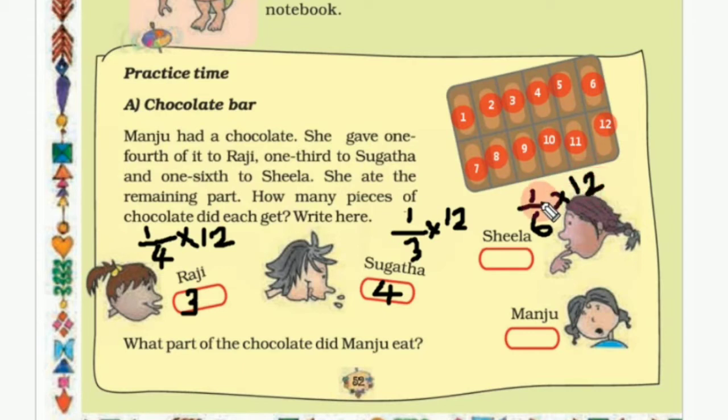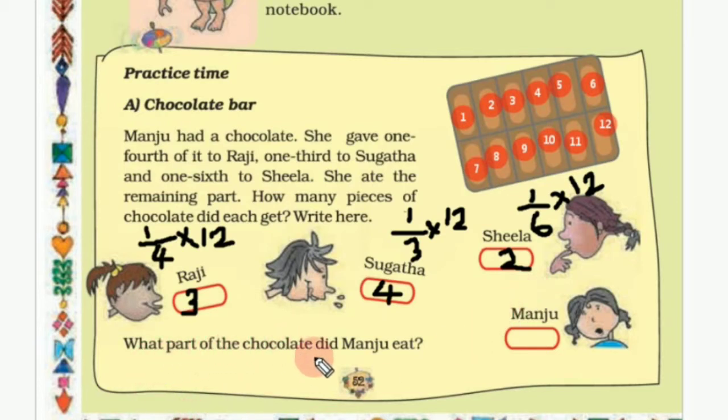That means you should multiply and divide by 6. So 12 divided by 6, you will get 6 1s are 6, 6 2s are 12. So 2. So here Raji got 3 pieces, Sugatha got 4 pieces and Sheila got 2 pieces.